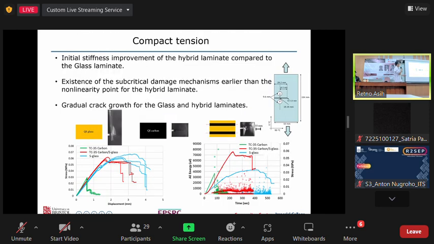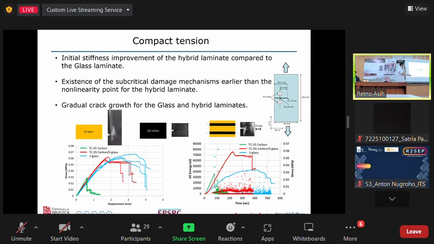What about the other types of loading? Dr. Putu also conducted this compact tension, and you see from this compact tension, the red curve shows a pseudoductile behavior, and this is the carbon, and here's the glass. So you can see it's a pseudoductile behavior, a combination of both materials.